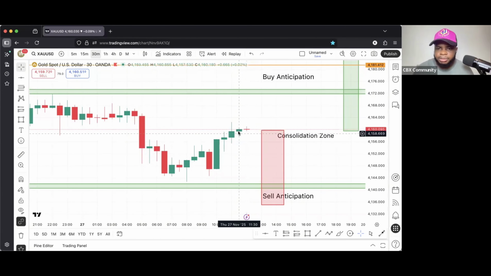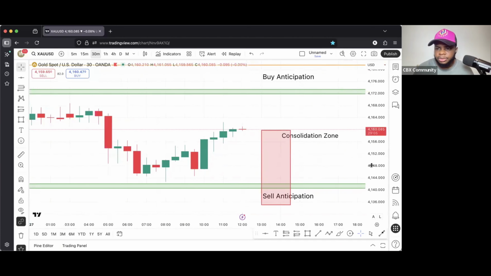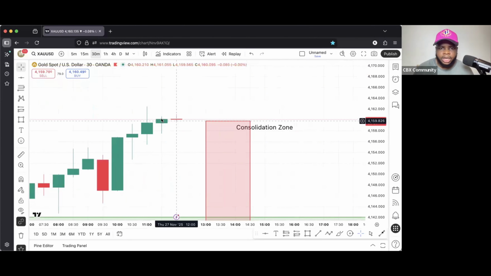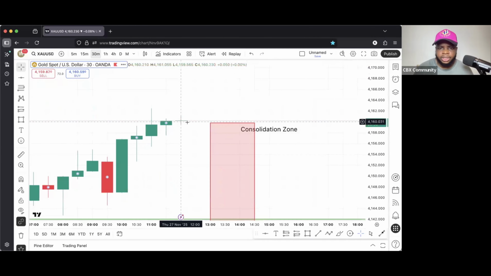This recent 30 minutes candle has broken the high of this bullish candle over here. Let's zoom the chart a little bit. So let's see what this candle wants to do.